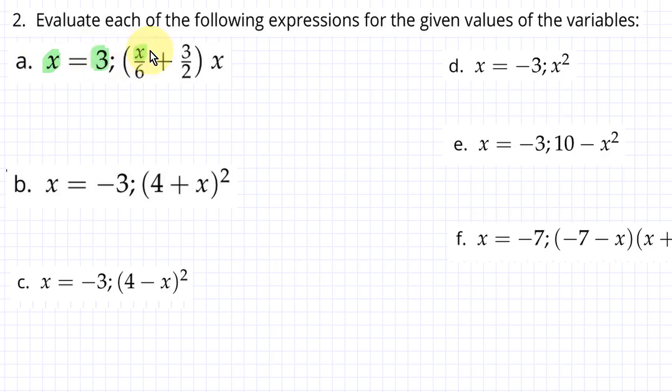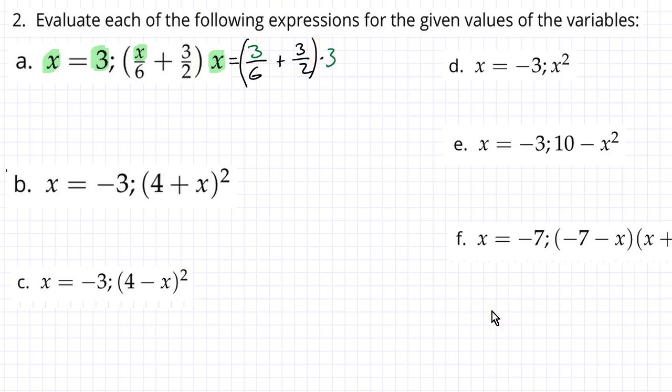So for example, I'm going to replace this x everywhere I see an x with 3. So that will make this expression here turn into 3 over 6 plus 3 over 2, and then still times that x there, that becomes times 3.